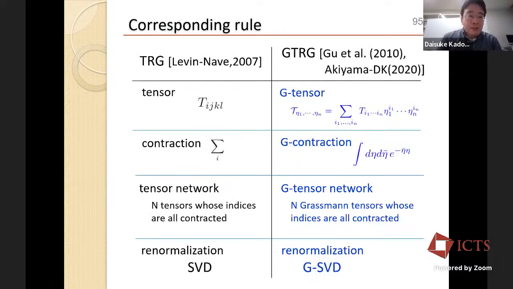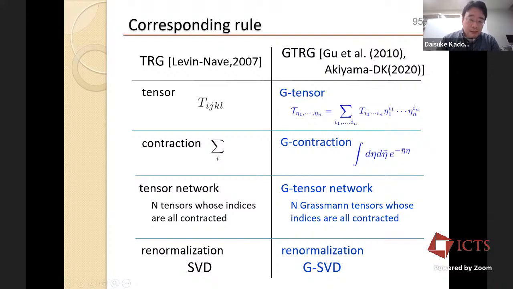Okay. So with these definitions, we found a corresponding rule between a regular TRG and the Grassmann TRG. In the normal TRG, the tensor is given by a regular tensor, and the contraction is the summation of the index.